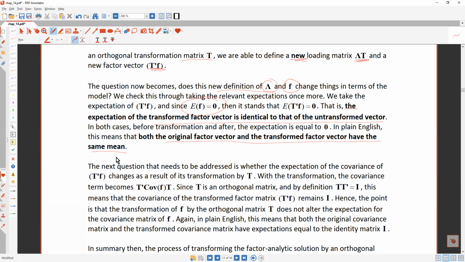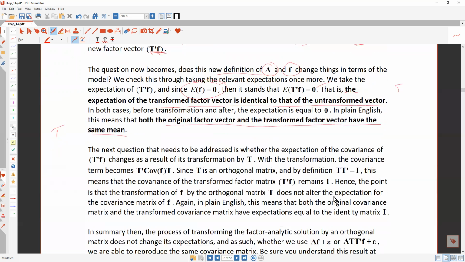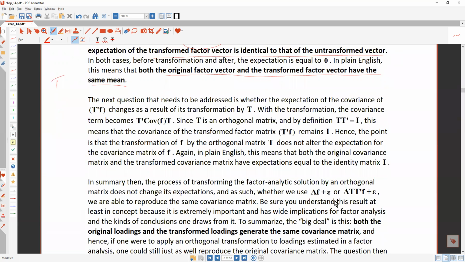In other words, you can issue the transformation and you're going to have the same mean. The expectation is going to come out to be 0. What this means in the bigger picture is that you're going to have a consistency. It's not going to change things.